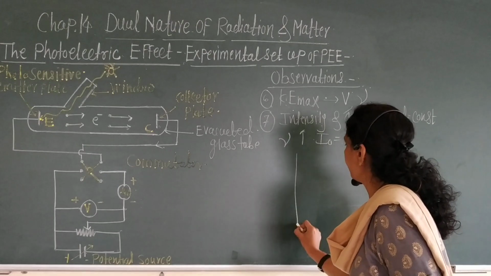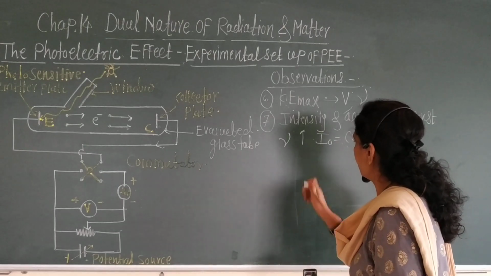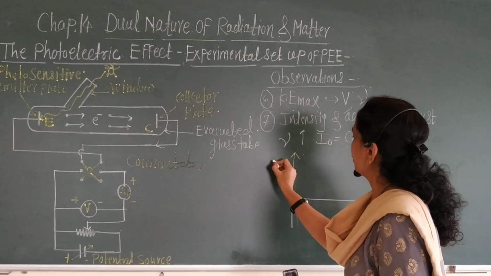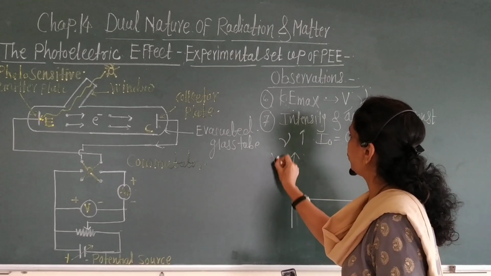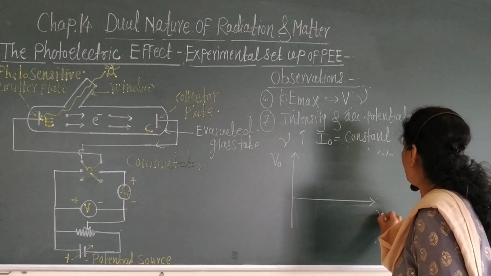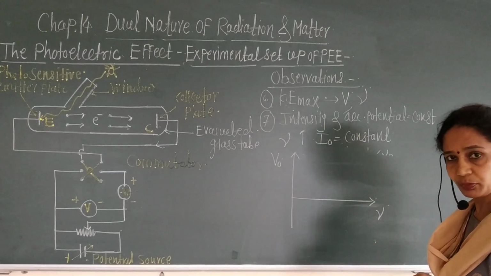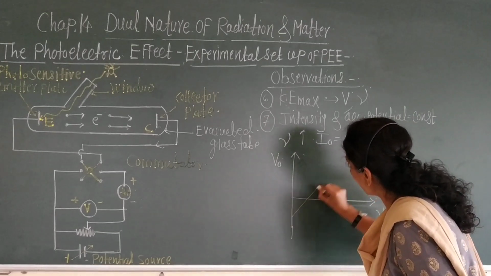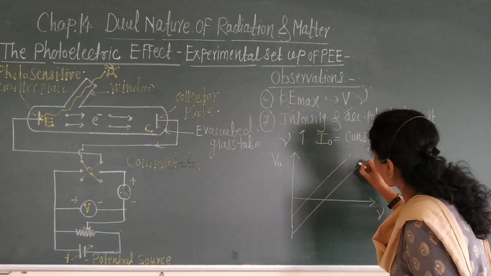If we plot a graph of V naught, meaning stopping potential, versus nu, the frequency of incident radiation, then the nature of the graph is like this.